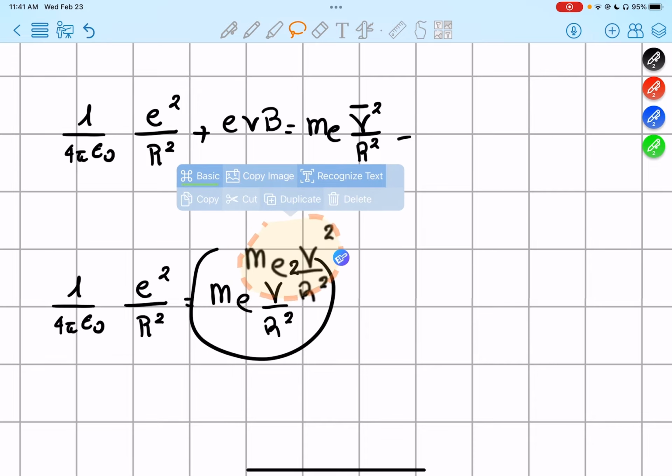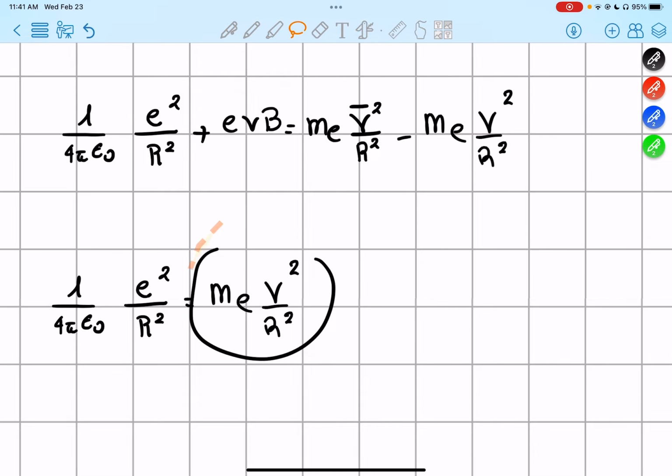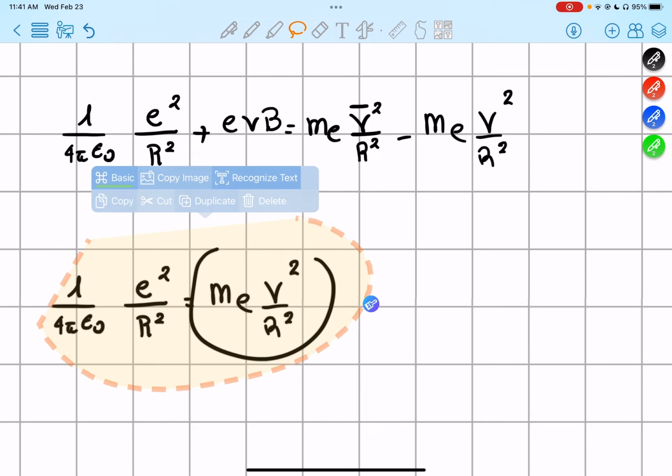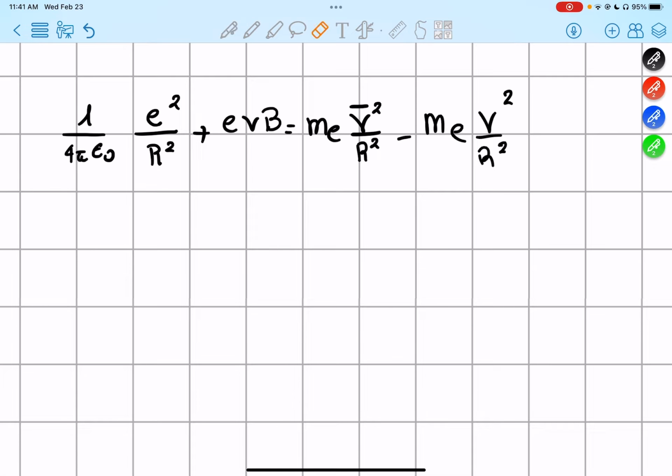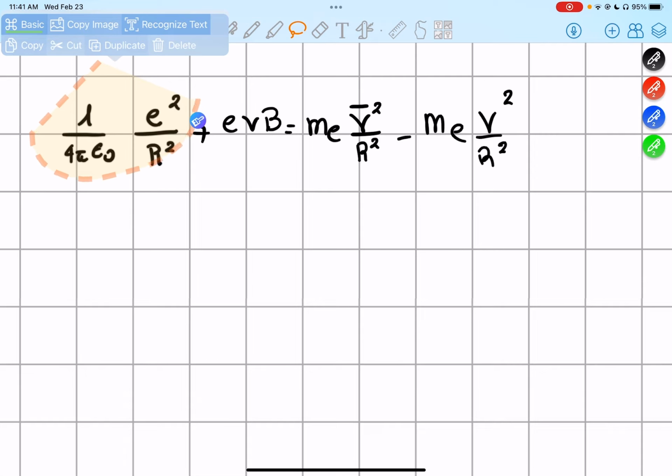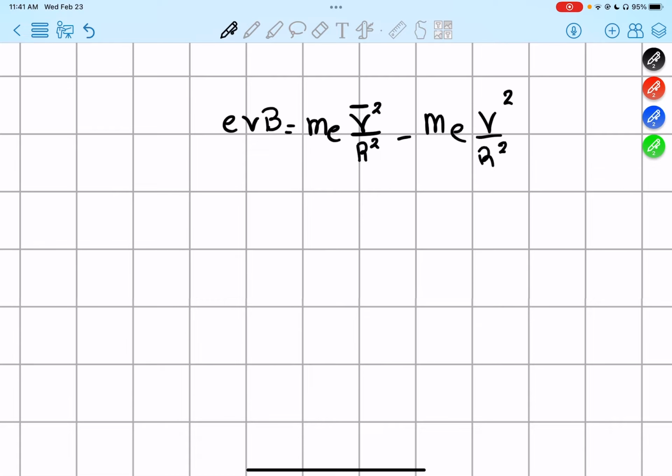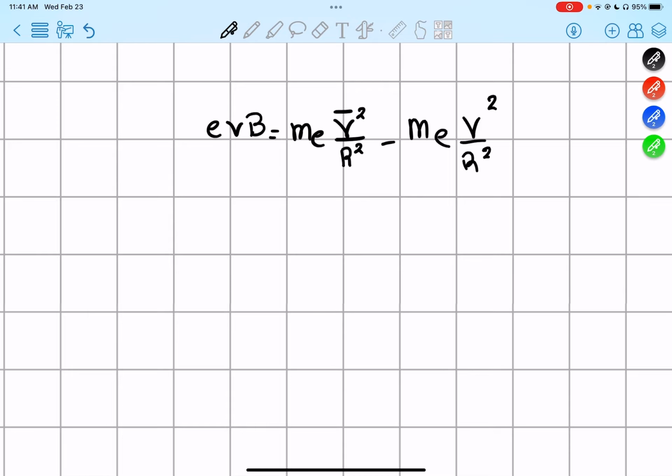So this over here, let me just cancel it out. Of course, we brought it to the left side so we can get rid of it from the right. We brought it to the right side so we can get rid of it from the left. And we can write this as EVB.